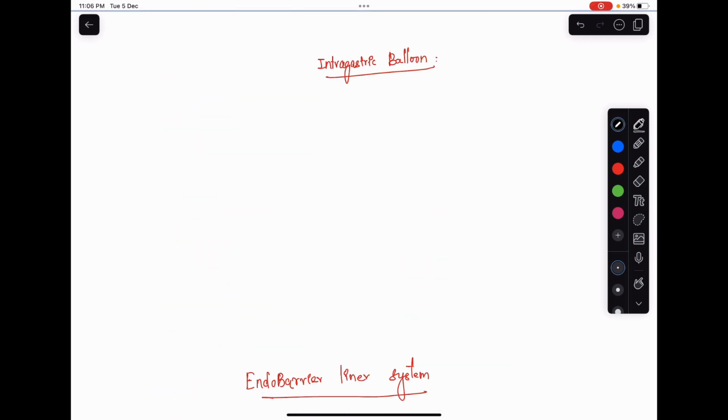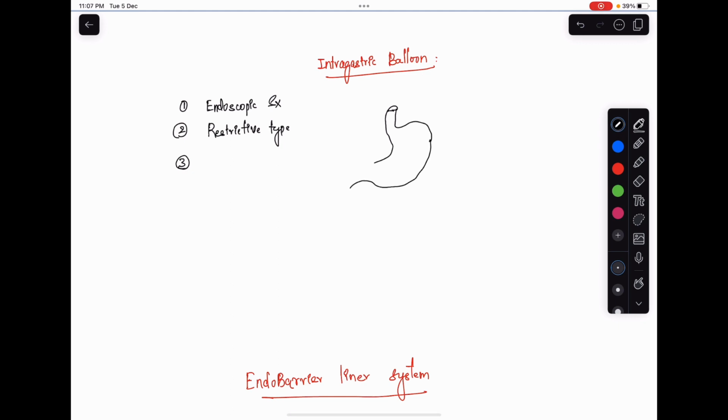So let's know about the intragastric balloon. This is an endoscopic procedure. This is a restrictive type. In this surgery, from the mouth into the stomach, we will pass a deflated silicone bag.